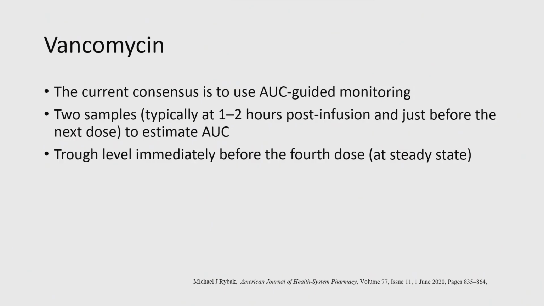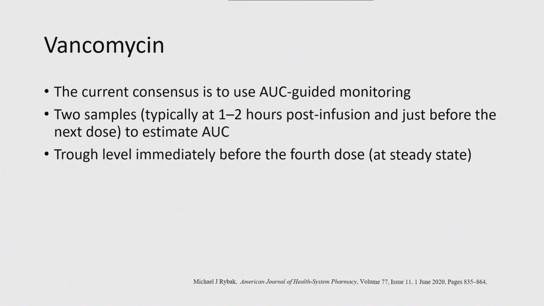And for vancomycin, previously we used to take only trough levels, and a trough level between 15 to 20 was used as a marker of successful therapy. But nowadays, the concept has changed. The current consensus is to use AUC-guided monitoring of vancomycin. This is a little more complex, where we take a peak level as well as a trough level for monitoring vancomycin therapy, so having 2 readings, the peak level and the trough level.